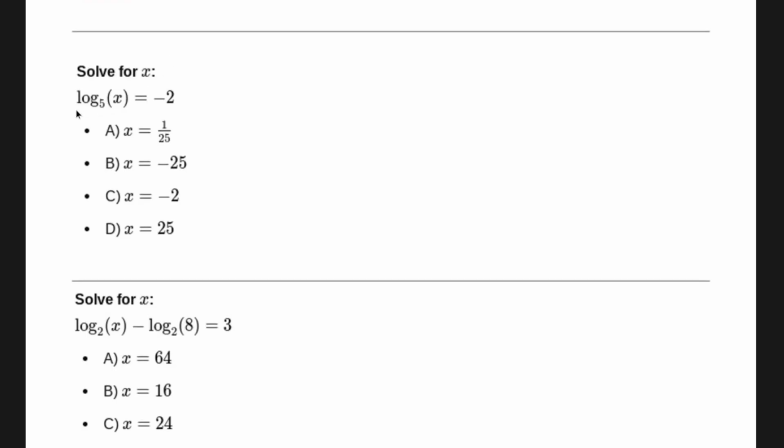Solve for x. All right, so remember, log base b of y equals x can be written as b to the x equals y. So you're in logarithmic form, so you're my b. You're my y, and you're my x. So y is x. As dumb as that sounds, that's no big deal.